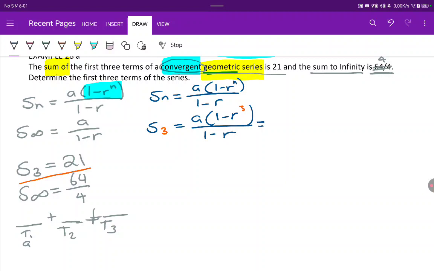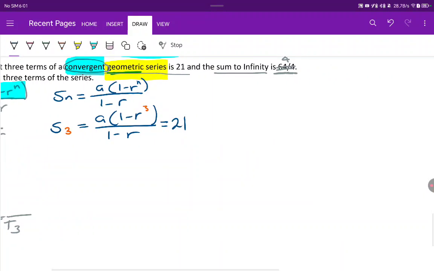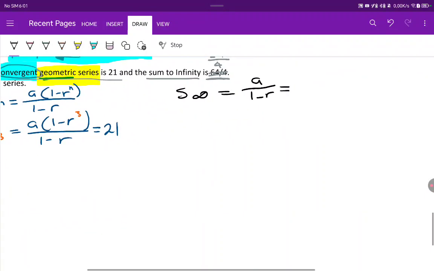And this is equal to 21. Okay, that's as far as I can take this one. Now let's look at B. So for B, we are going to input the S of infinity is equal to a over 1 minus r. And we know that this one is equal to 64 over 4.